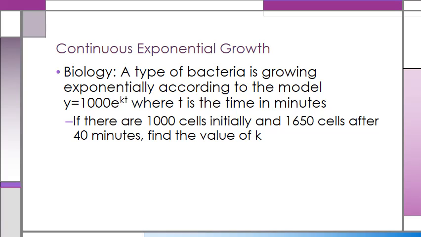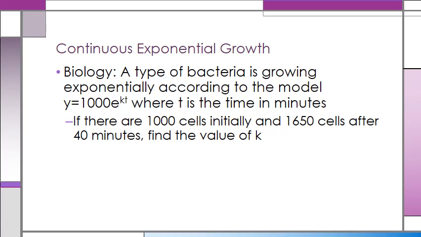But here we say a type of bacteria is growing exponentially according to the model y equals 1,000, so that's our initial value, times e, the natural base, raised to the power of k, the constant, times time. It says if there are 1,000 cells initially and 1,650 cells after 40 minutes, find the value of k.